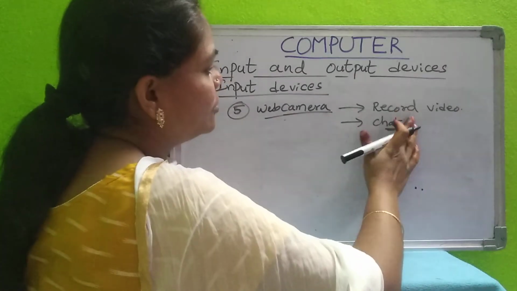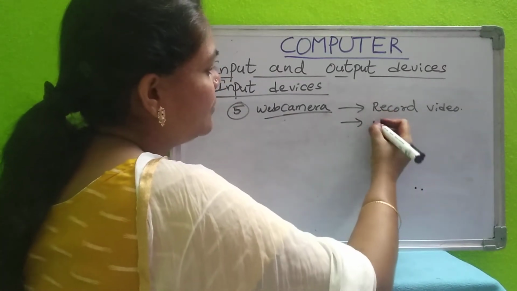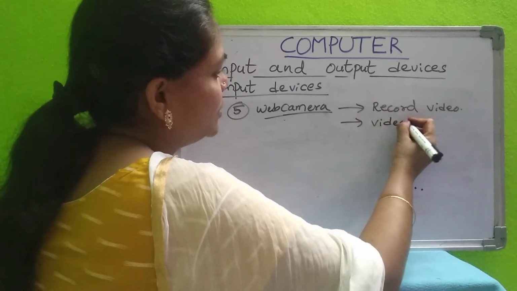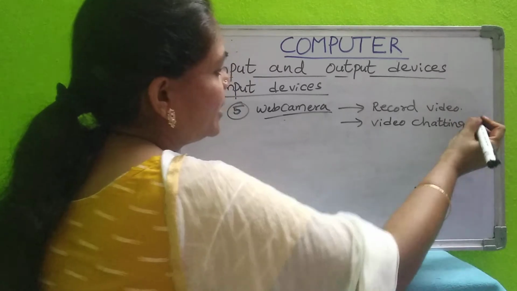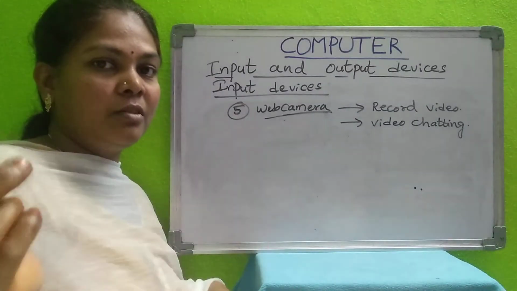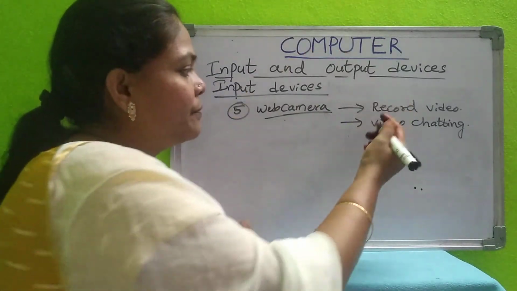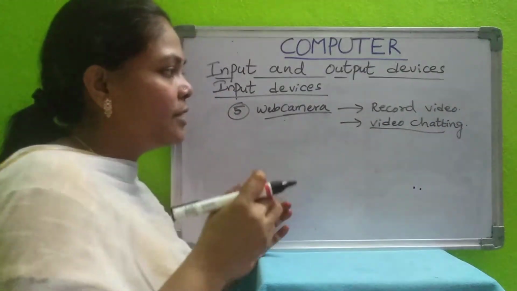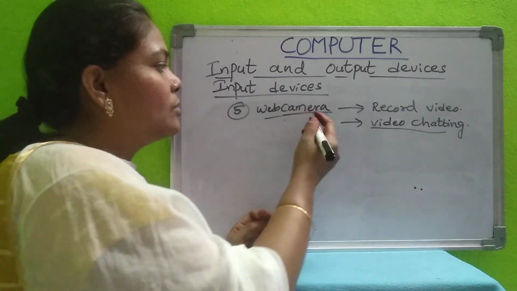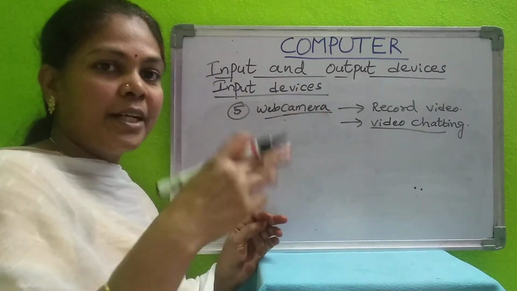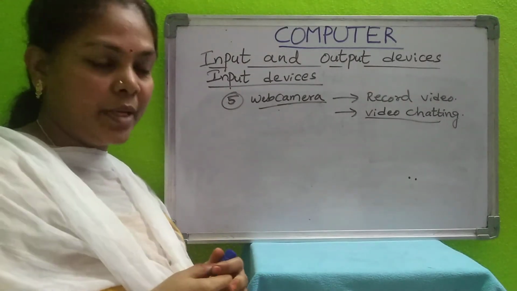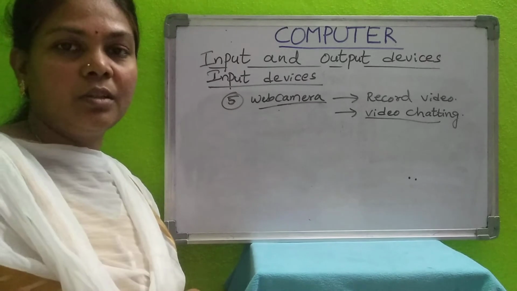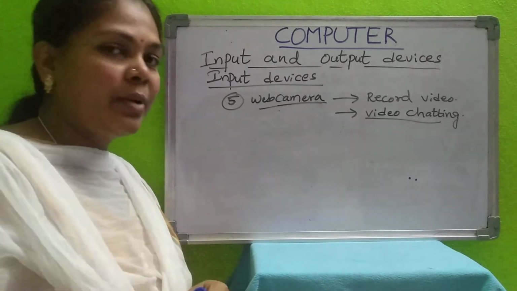So for video chats we can use this web camera. Like video calls you make from smartphones, you can do video chatting using this web camera connected to the desktop. On laptops you have an inbuilt camera. If you don't have one, you can connect a web camera.